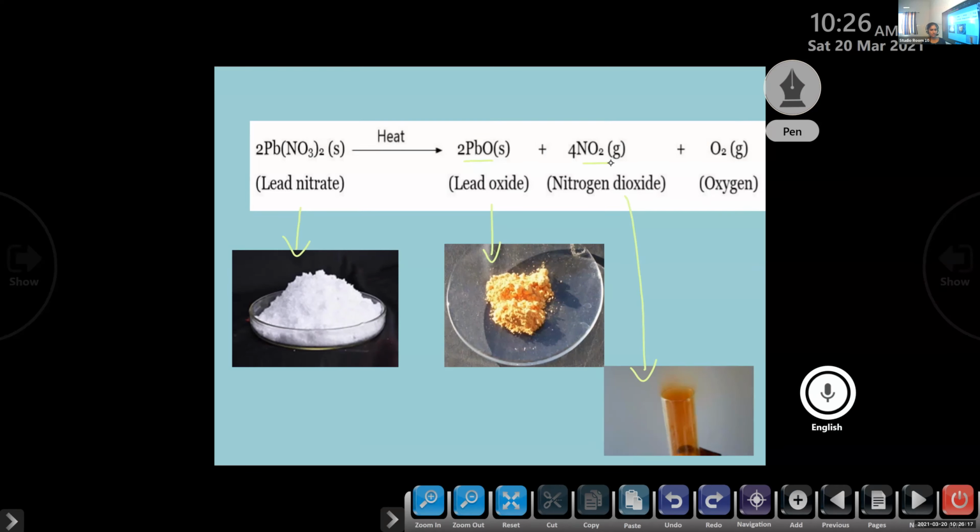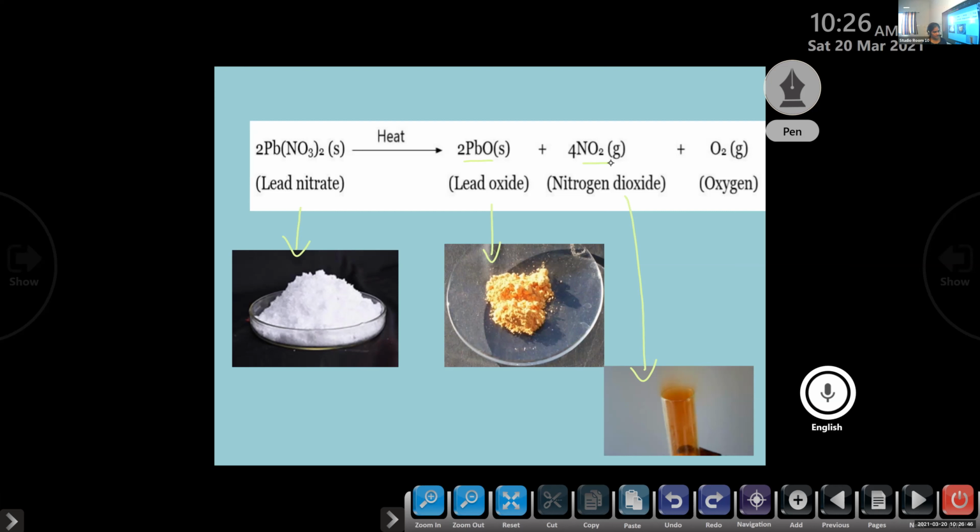And the next one, oxygen, is O2. So this is also an example of thermal decomposition. The main observation you can watch is the emission of brown fumes and the formation of this light orange colored precipitate. That is due to the formation of lead oxide, and the nitrogen dioxide is in the form of brown fumes. Okay, this is clear.